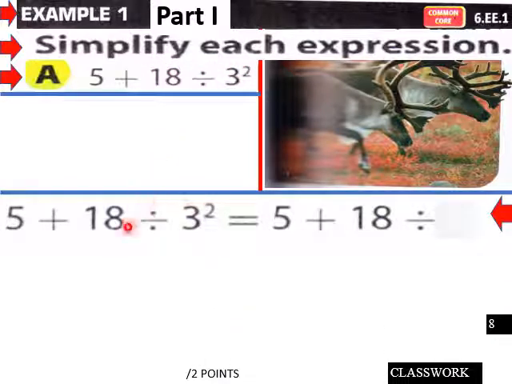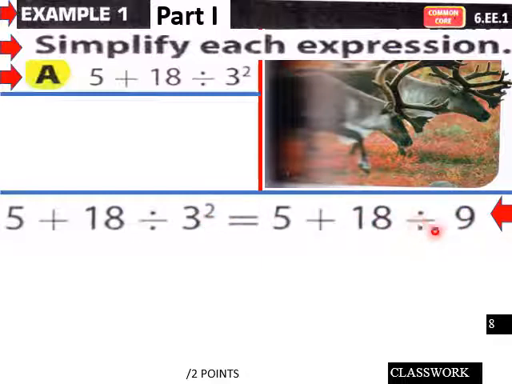Which operation do we do first here? 5 plus 18 divided by 3 squared would be the same thing as 5 plus 18 divided by what? Evaluate 3 squared. 3 squared would be 9. Remember, number 2 in the order of operations is exponents. 3 squared is an exponent, and 3 squared equals 9.